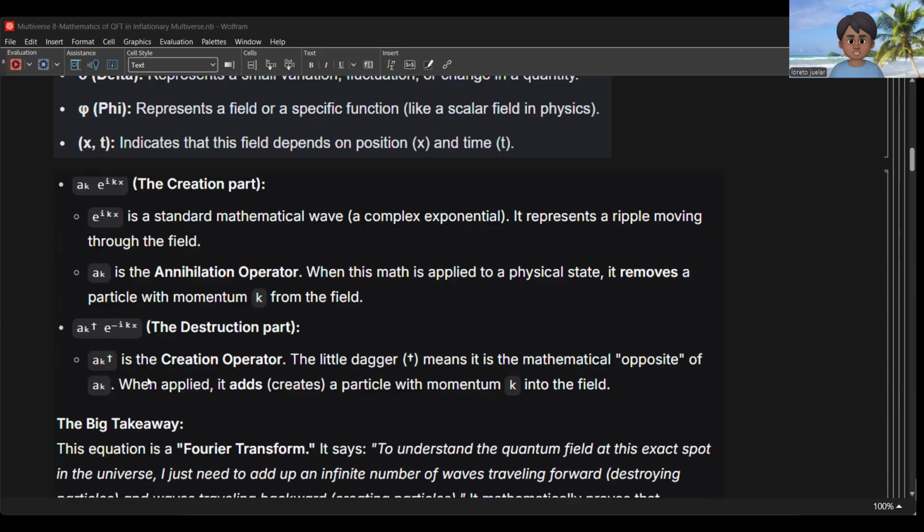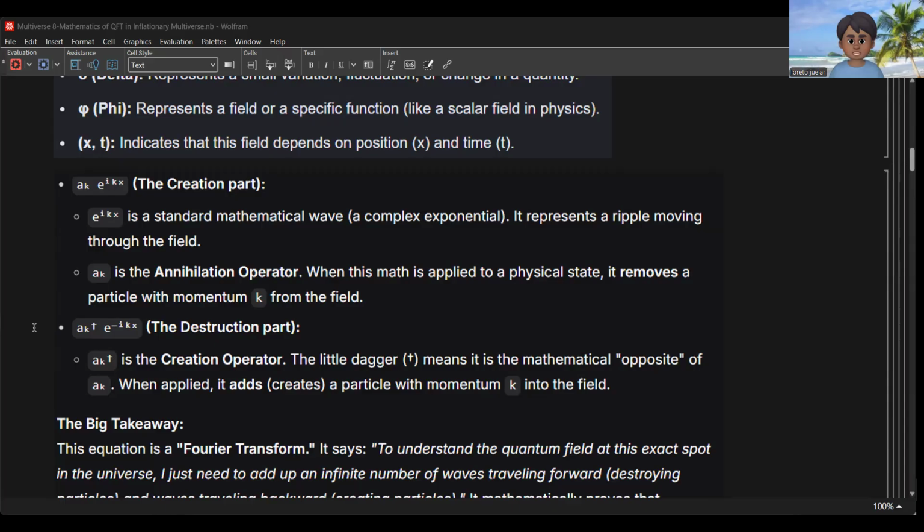With the dagger, the creation operator creates a particle. For example, a sub k dagger on ket zero is equal to ket one. So a sub k destroys a particle, and a sub k dagger creates one.